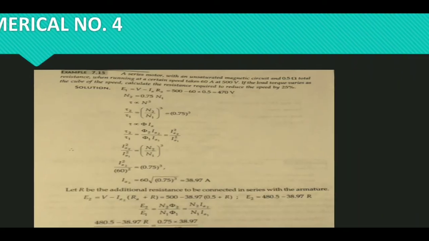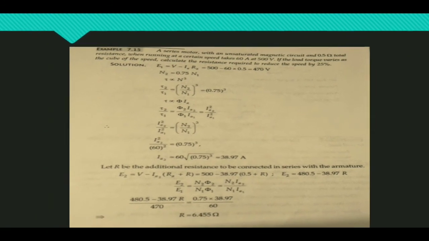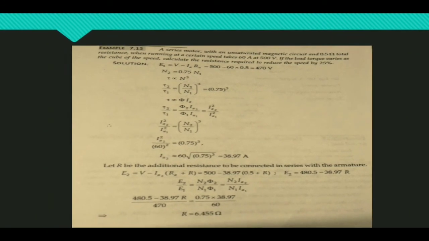So E2 by E1, that means (480.5 minus 38.97 R) by 470 equals 0.75 into 38.97 by 60.